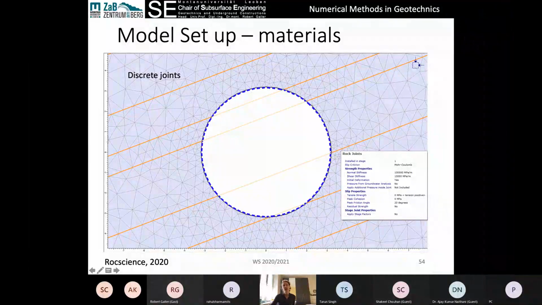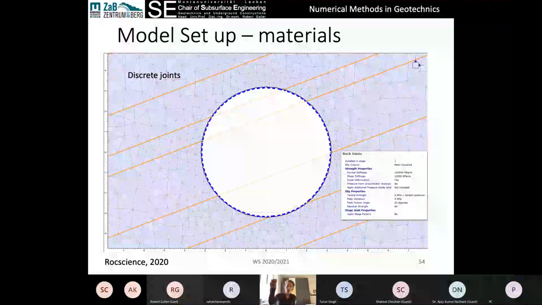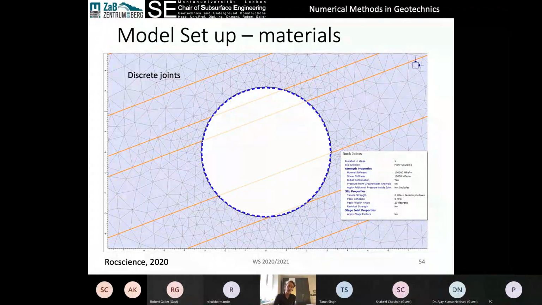And we then have to decide, do we want to use a Mohr-Coulomb or a Hoek-Brown failure criterion, or if we're looking at soils, are we going to use a Cam-clay or a viscoplastic? What sort of constitutive model can our code handle, can our software handle, and what is most appropriate for the material that we're trying to model? Are joints important? So in this case, these are the bedding planes, they're important.